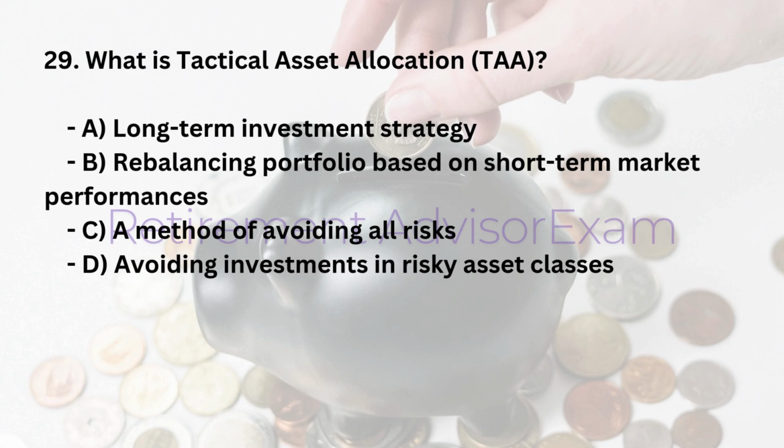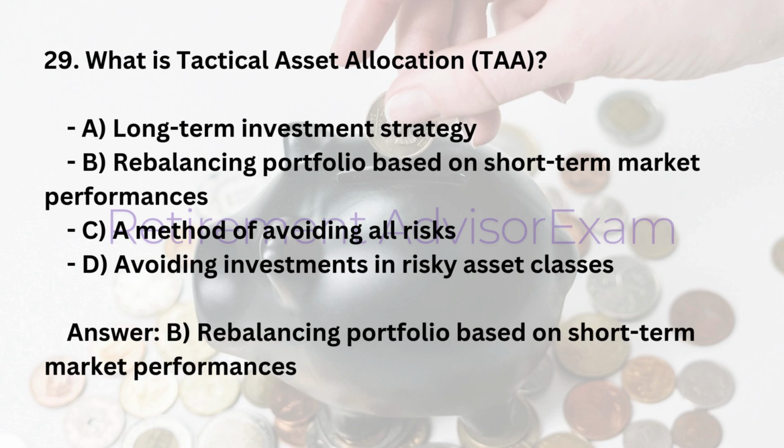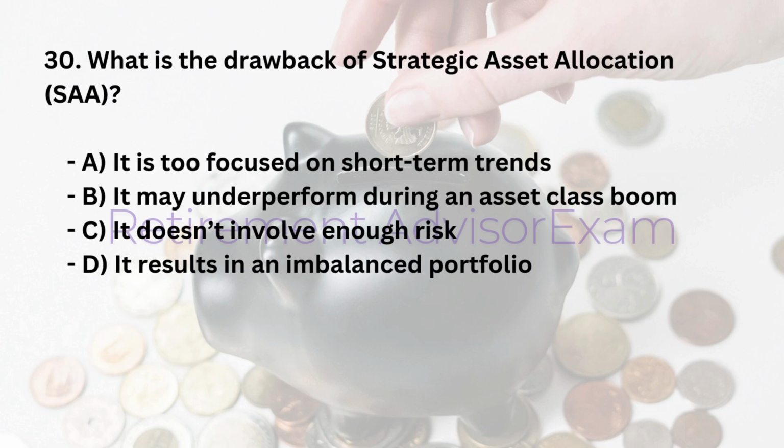29. What is tactical asset allocation, TAA? A. Long-term investment strategy, B. Rebalancing portfolio based on short-term market performances, C. A method of avoiding all risks, D. Avoiding investments in risky asset classes. Answer: B. 30.